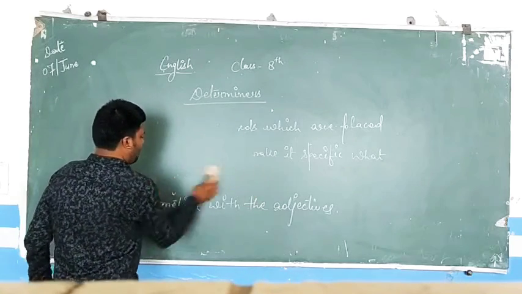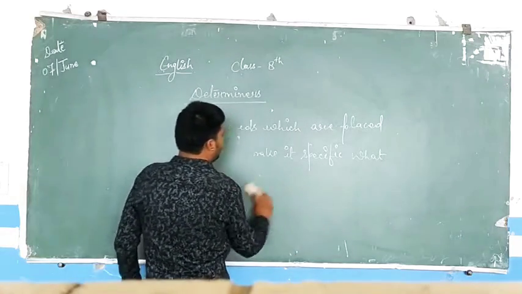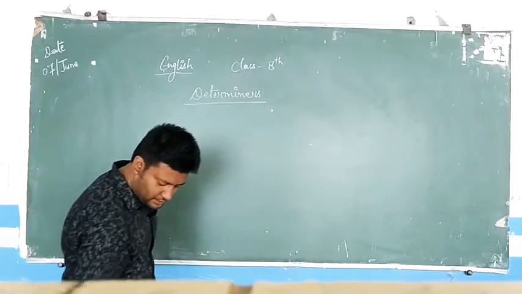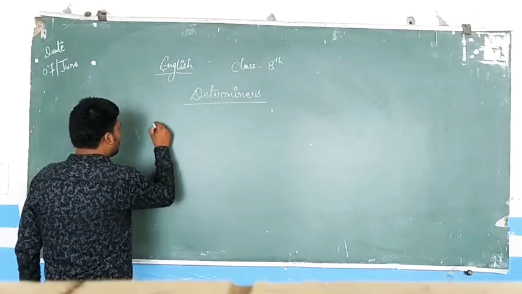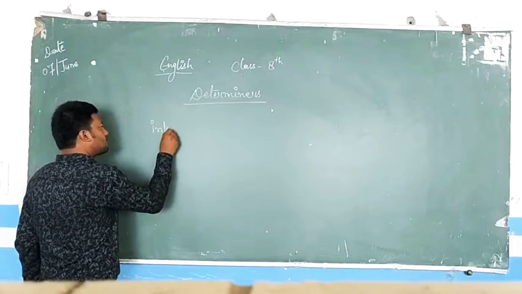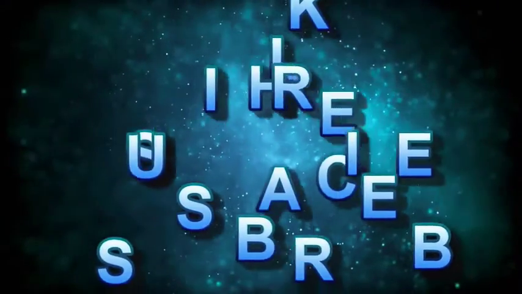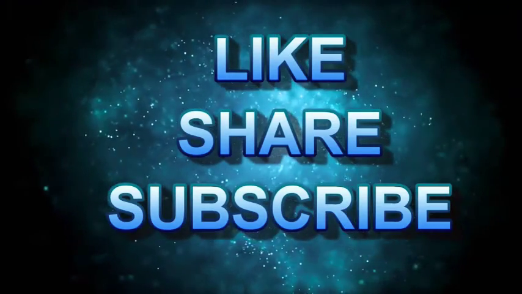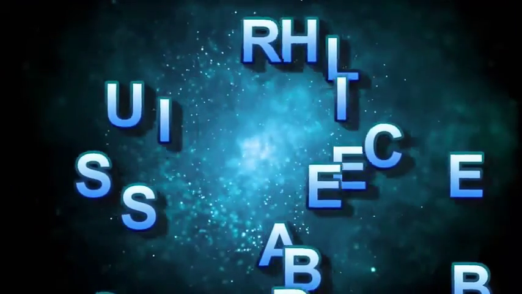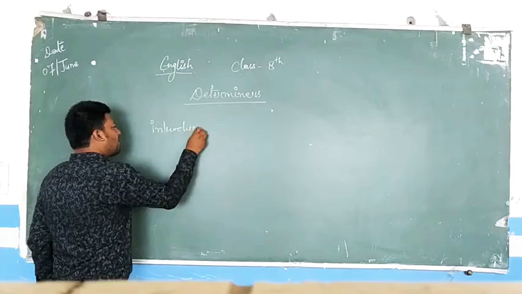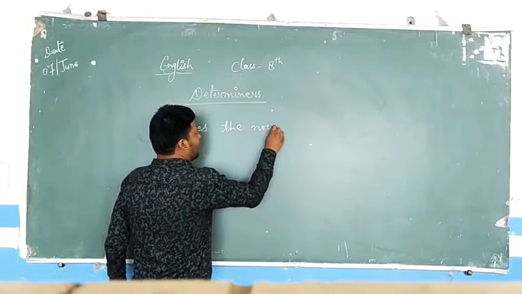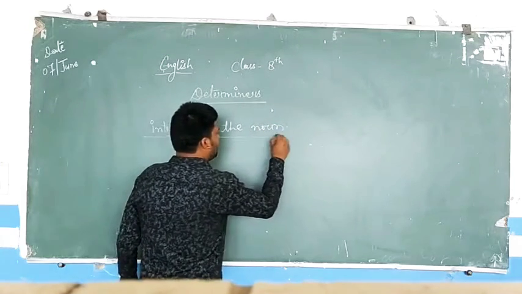Now to make it more clear, if you want to make a note in your notebook, you can write: determiners produce the noun. That's all. Three words definition.